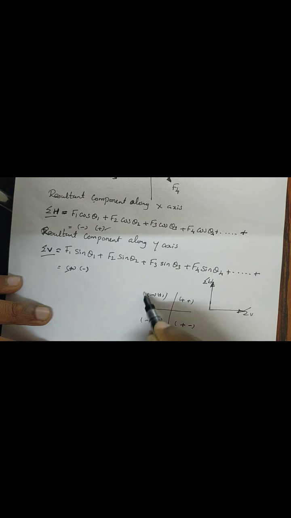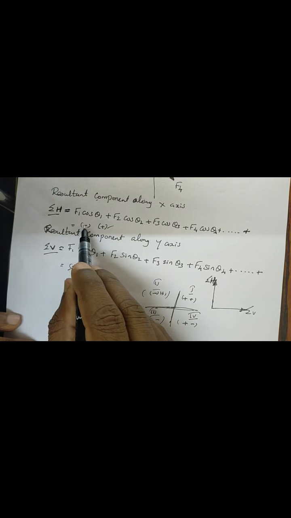This is the sign convention of the four quadrants: plus, minus, and so on; this is the fourth quadrant. It's the same theory we are going to apply here. So whether you get a negative or positive sign, that represents which quadrant the resultant lies in.